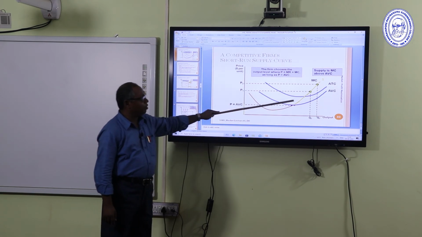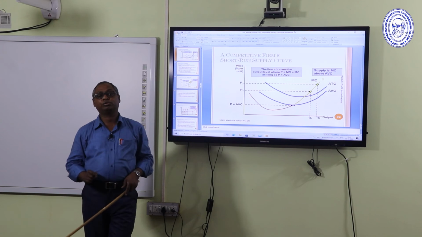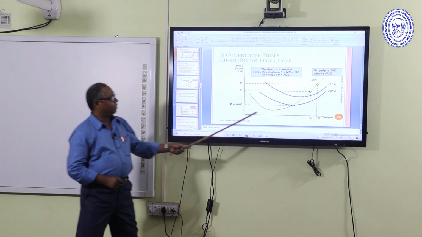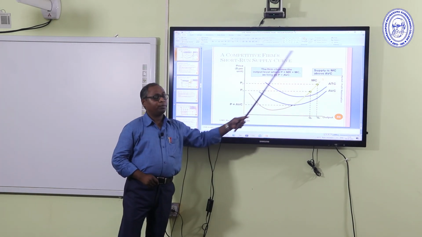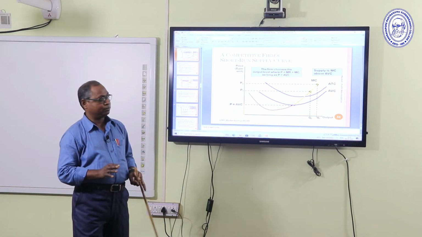But the minimum point of AVC will not change as long as variable cost does not change. So the starting point of the supply curve will not change as long as variable cost does not change.